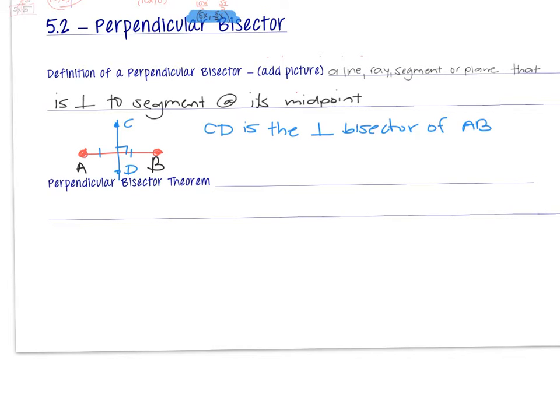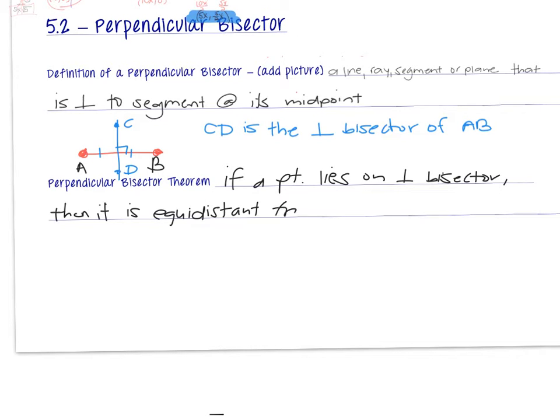Who could tell me what the perpendicular bisector theorem said? Not sides. From the endpoints. Okay, good, close enough. So if a point lies on the perpendicular bisector, then it is equidistant from the endpoints of that segment.